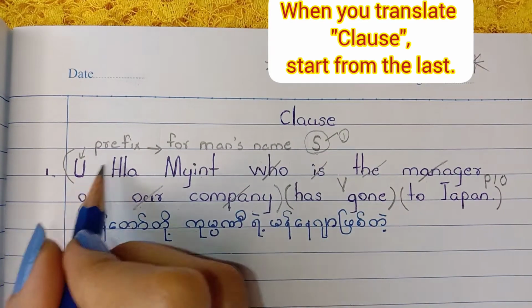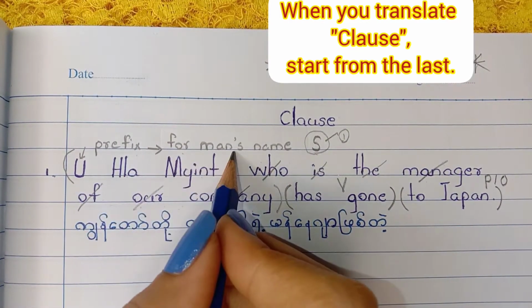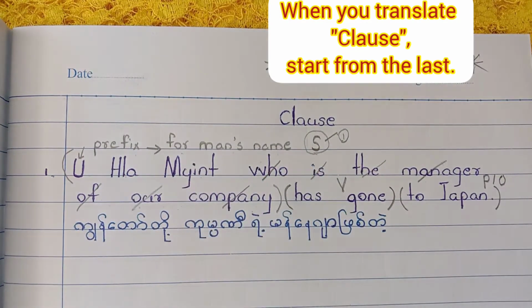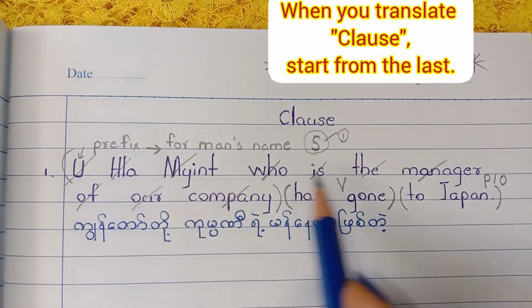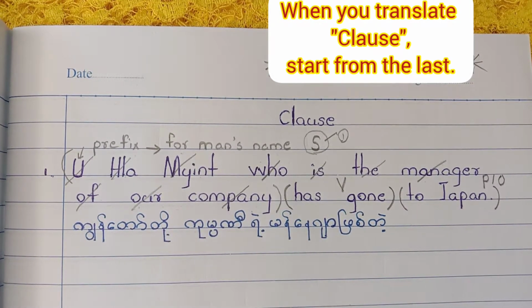So U is the prefix for men's names, so U လှမြင့် we will write down here as ဦးလှမြင့်.